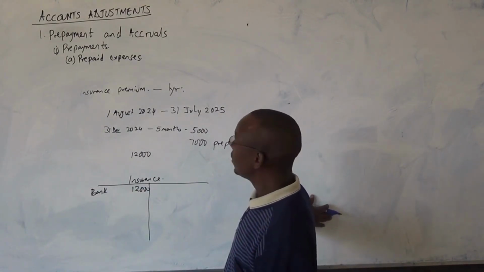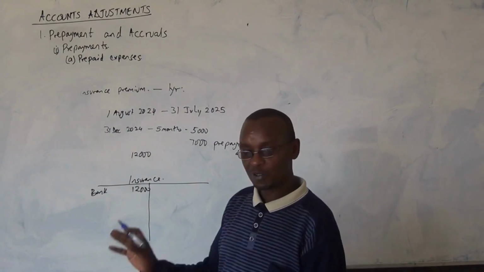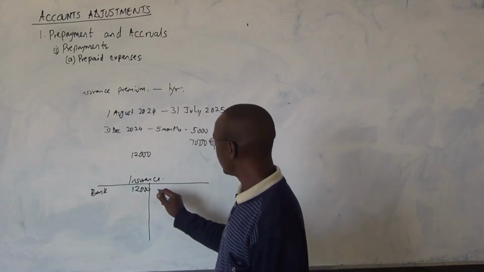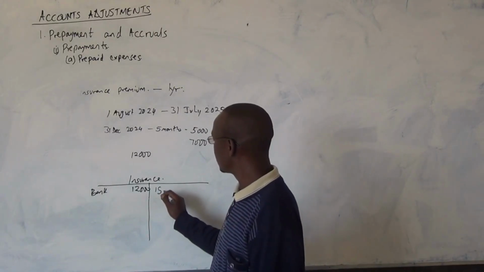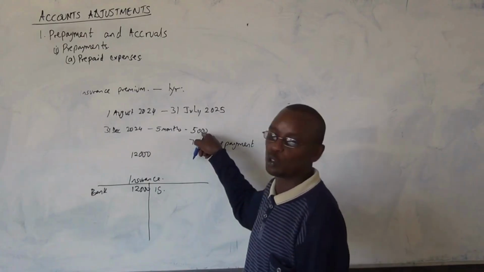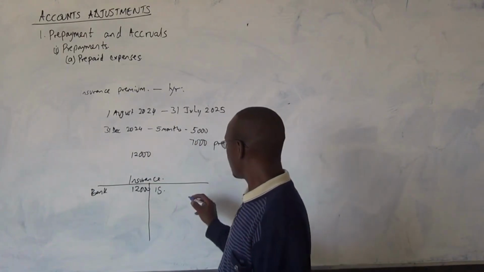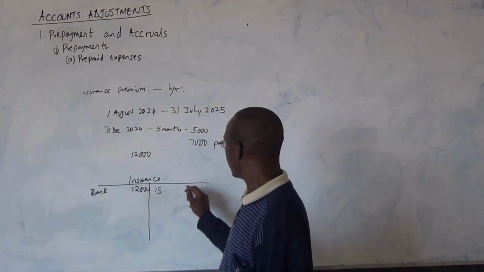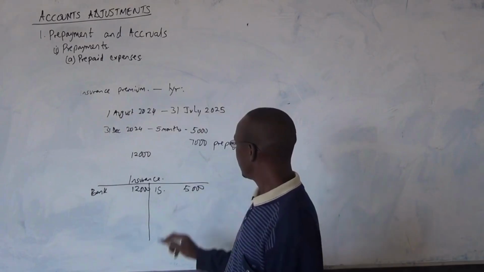Then at the end of the year, you have to take how much to the income statement? This is what pertains to 2024. So to the income statement you take 5,000.